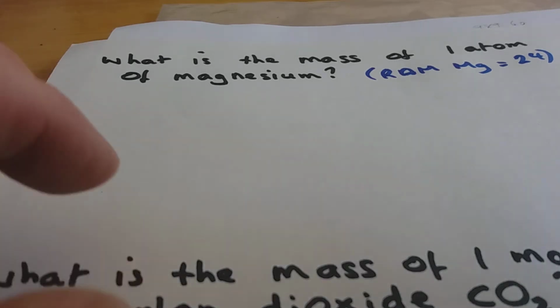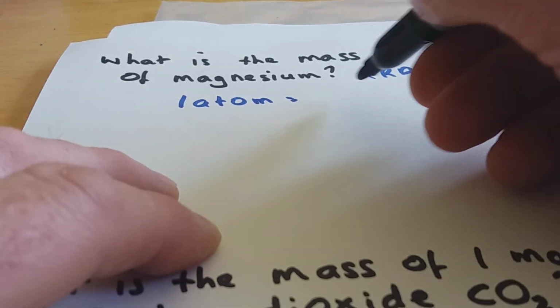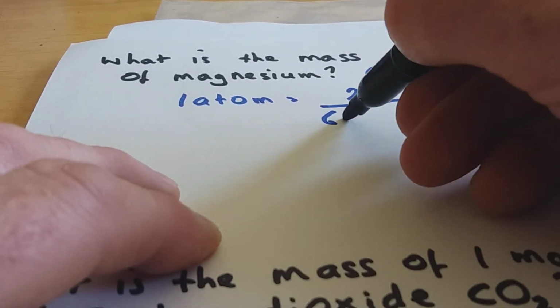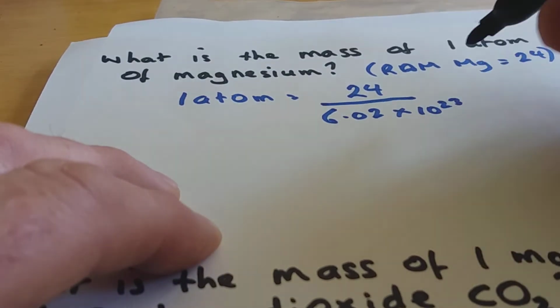So 1 atom will equal the relative atomic mass, 24, divided by 6.02 times 10 to the 23.